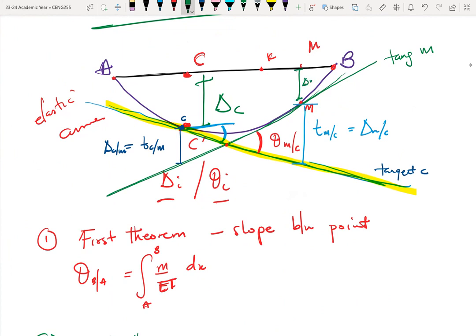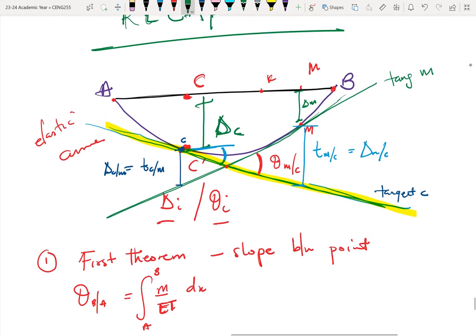So this is delta M, and I already have delta C. In most cases, delta MC is not equal to delta M. So here you need to apply geometry to be able to use this information to get delta M. And that's where it becomes a bit challenging using the geometry.